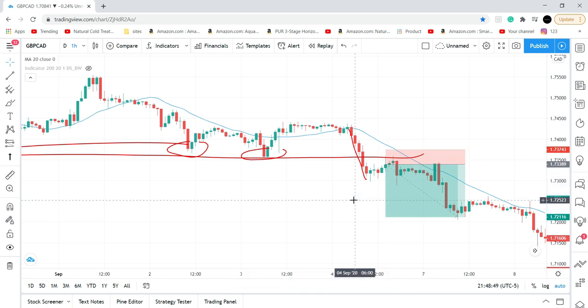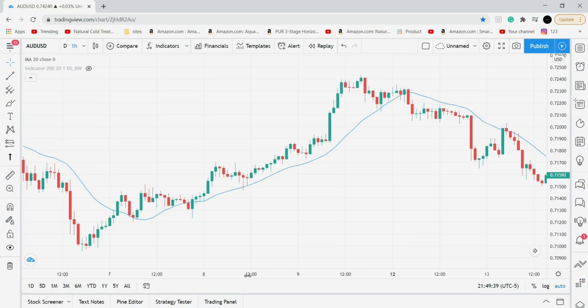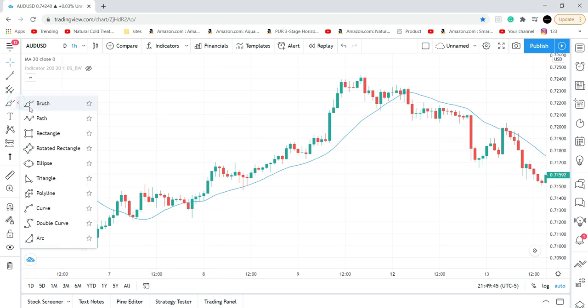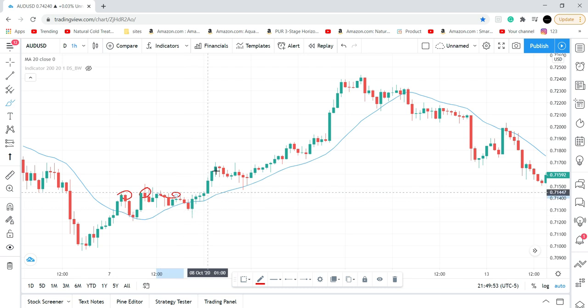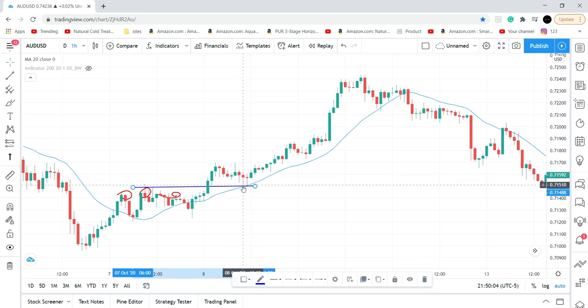So let's go to another example. Okay, guys, so we have price above the 20 moving average. We have support. Well, this was resistance right here. That basically turned into support. So the market went up. This resistance actually turned into support right here. And we also have price near the 20 moving average.